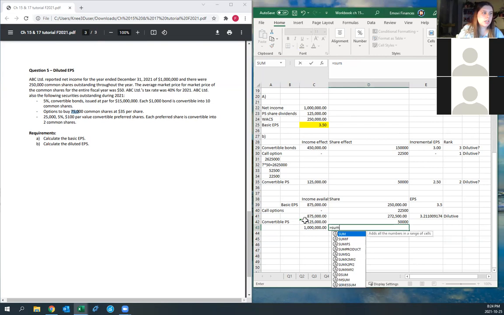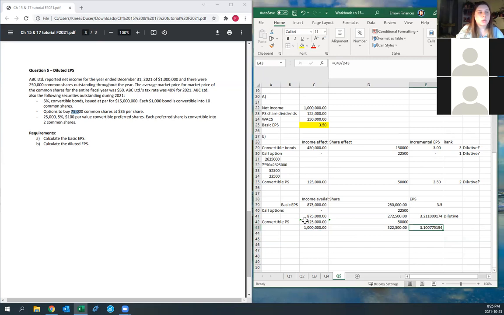And then the number of shares are 50,000 plus 272,000. New EPS: 1 million divided by 322,500 is 3.1. Again, it is still dilutive because it's lower than the previous one that we calculated. And also our basic EPS, but you have to look at the previous rank that you calculated.